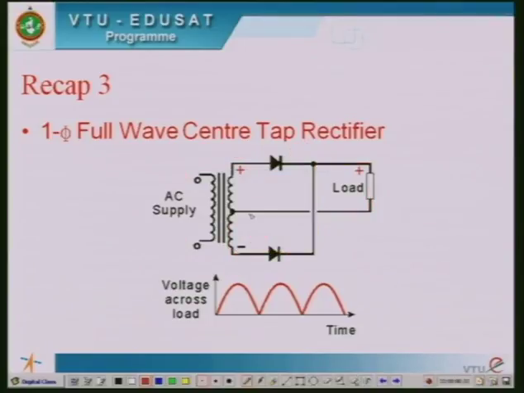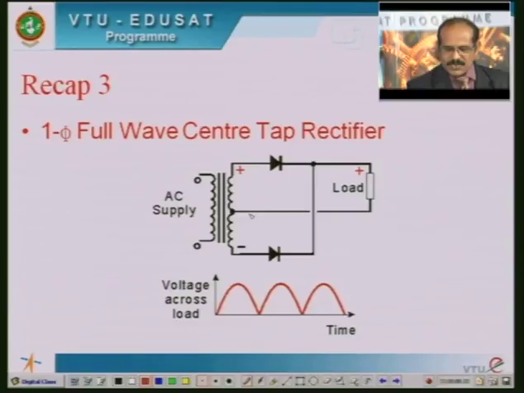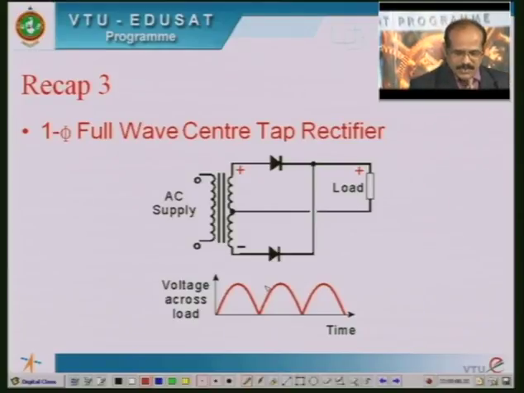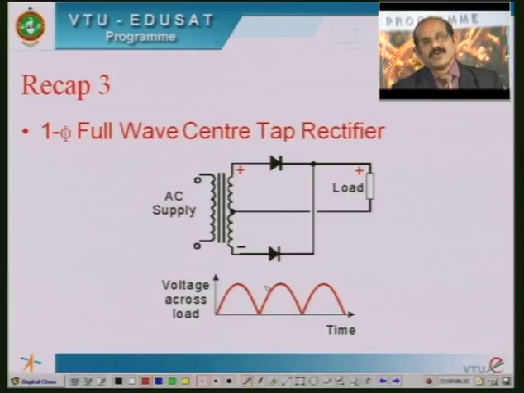Once again the output follows the input, so whatever secondary voltage Vs2 is there will appear across the load. The voltage across the load is a pulsating DC, but unlike the half wave rectifier, this full wave rectifier is able to conduct in both half cycles of the input signal.